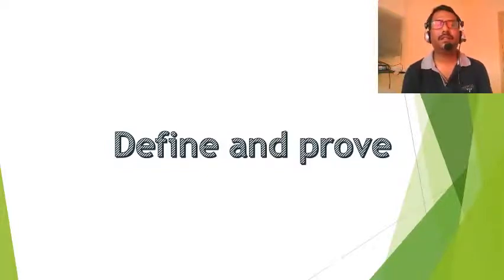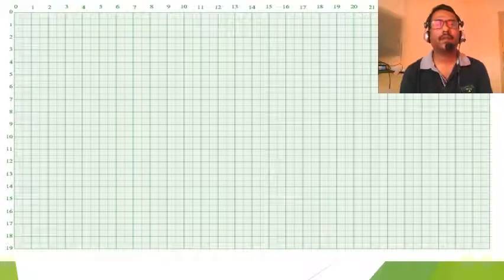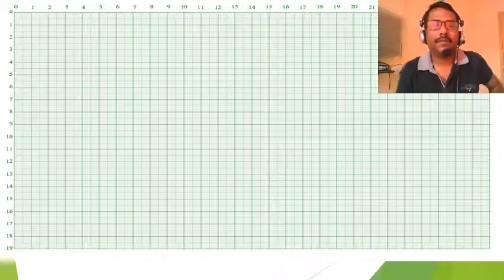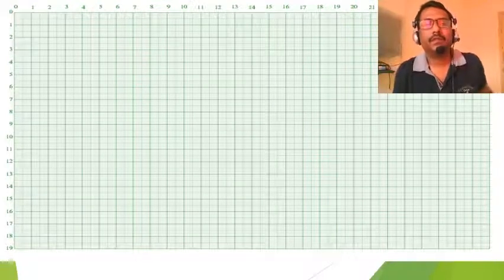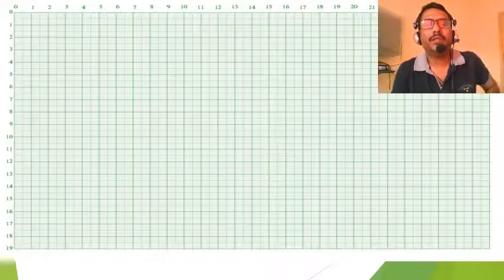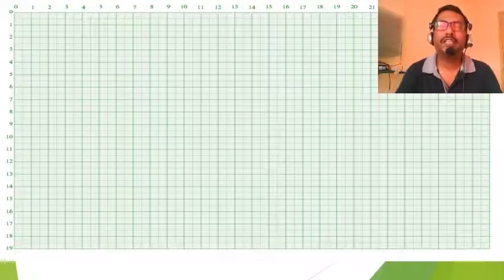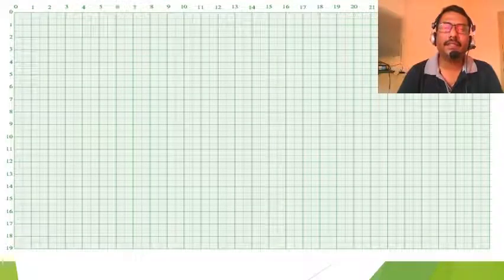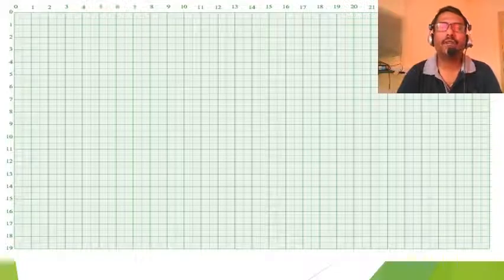Now let us learn the terms in coordinate geometry. Define and prove. Now, we have learned from this video which was observed by you that one of the uses of coordinate geometry is to determine the exact location of any object in the plane.